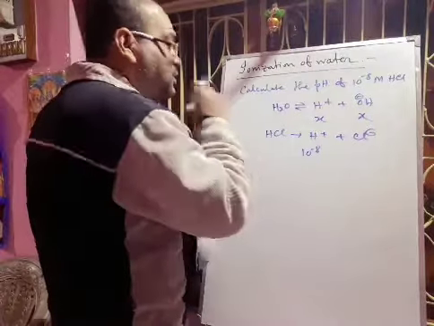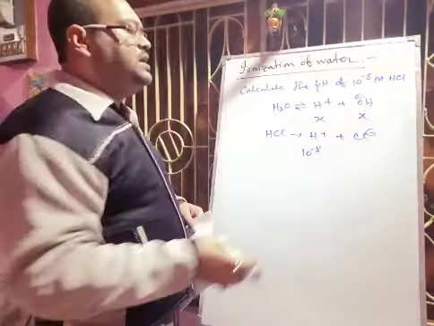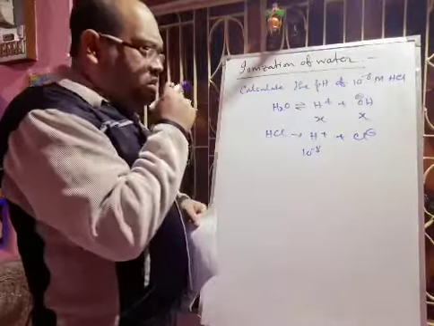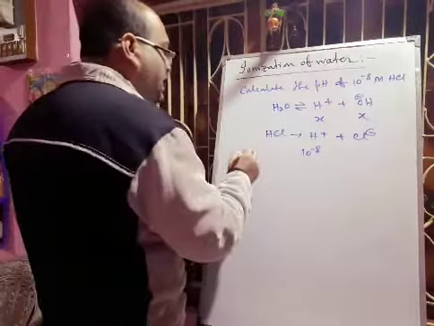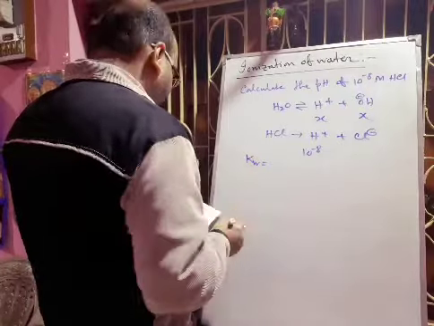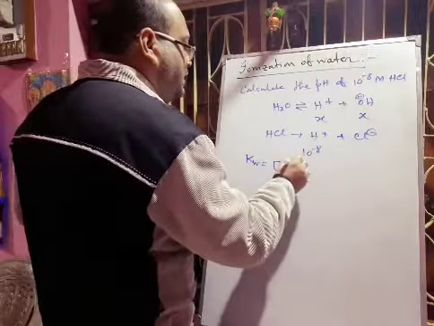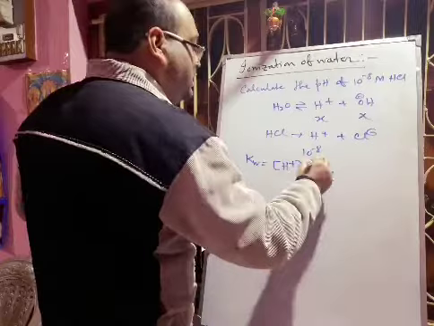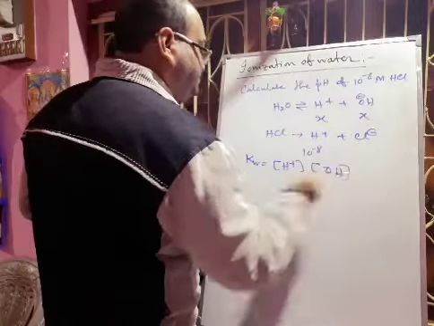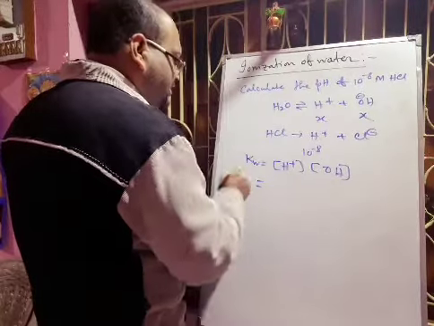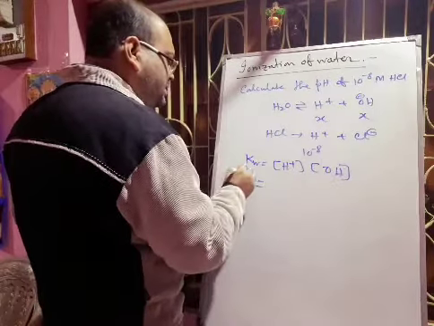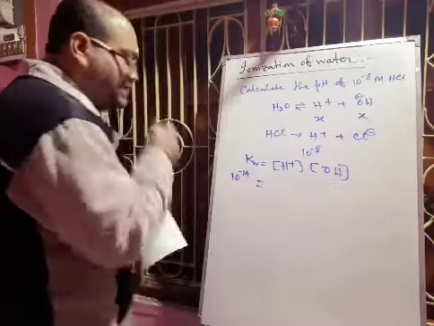So whenever you calculate the pH, you have to calculate both. That means this X also you have to calculate. So here we will write that Kw, the ionic product of water, is concentration of H plus into concentration of OH minus, which is 10 to the power minus 14 at 25 degrees centigrade.